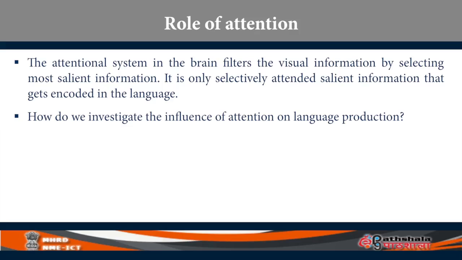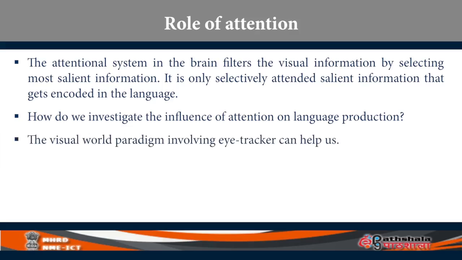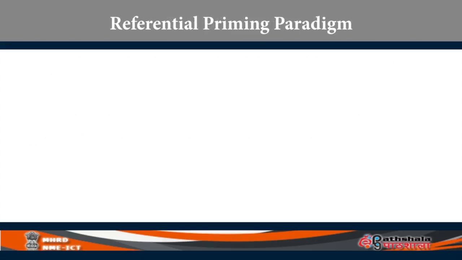I have mentioned to you in the other module the visual world paradigm using eye tracking. It's an excellent methodology to investigate what role attention plays in producing a sentence. There is a notion called the referential priming paradigm. Priming is like you give a prime first and then see its influence on the target that you want them to produce.